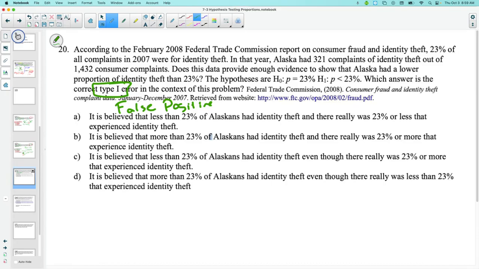So a false positive means I think that I am correct, right? That I rejected this. I would think that I am correct. That's this part. That's the positive. Okay? I think that it's actually less than 23%. Right? That's the positive part. Okay?